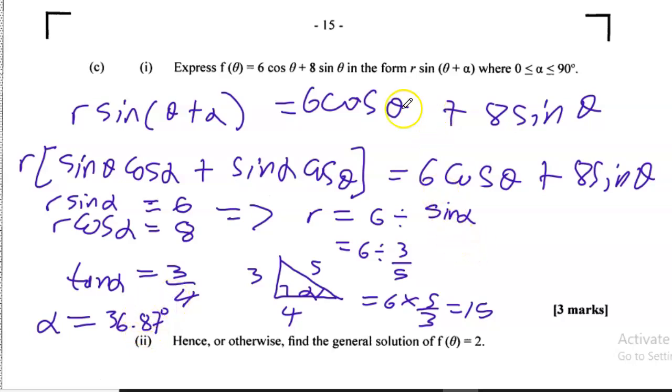Alright, so we can also express this function in the form, so f theta in this form will be r, and what is r? 10, sine theta plus alpha, which is 36.87 degrees.